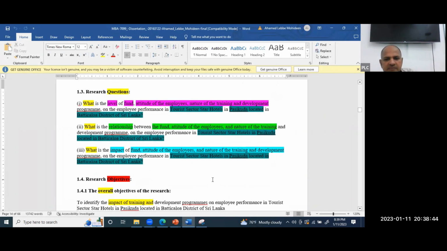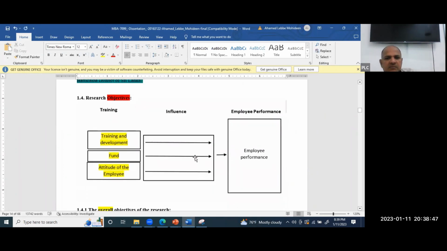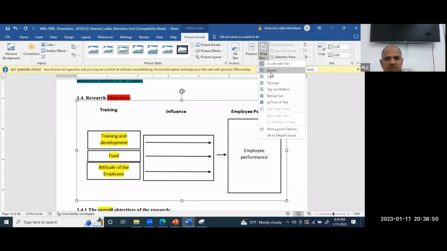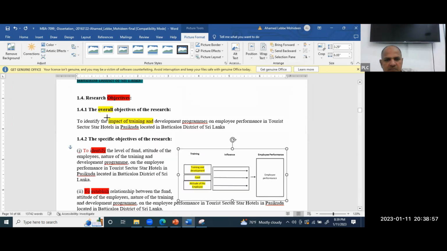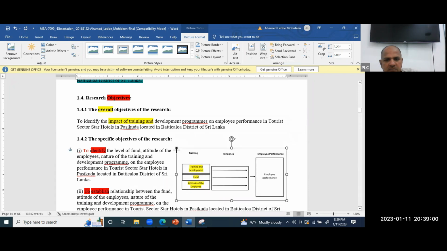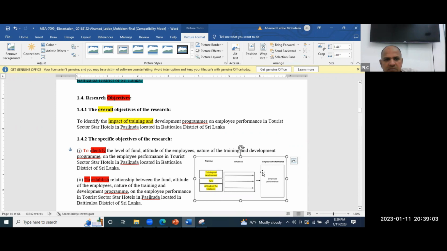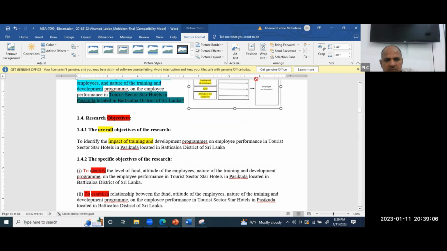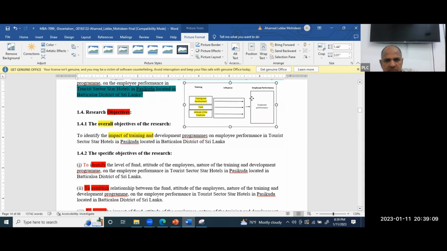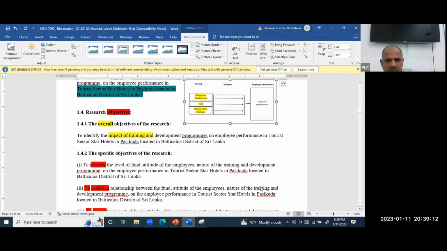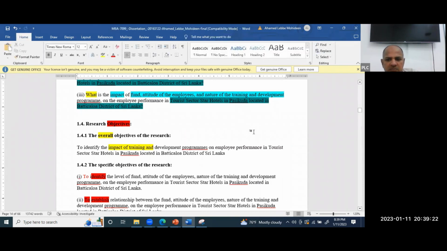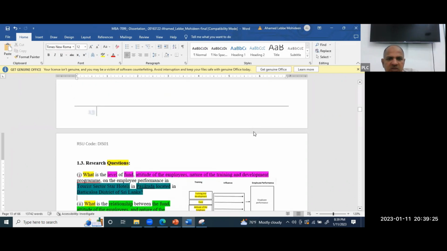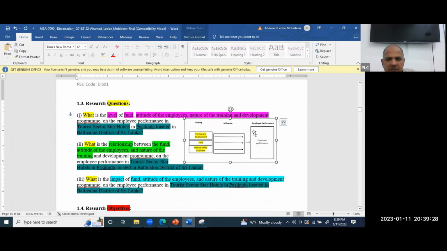So I'll paste it here. Can you see this now? From the picture now you can understand, right?